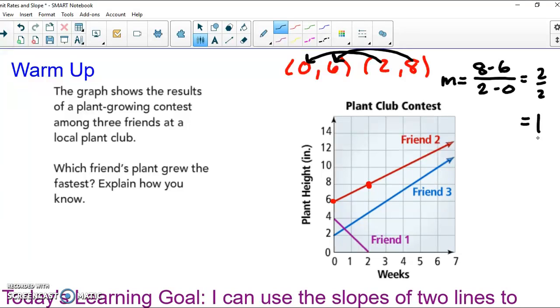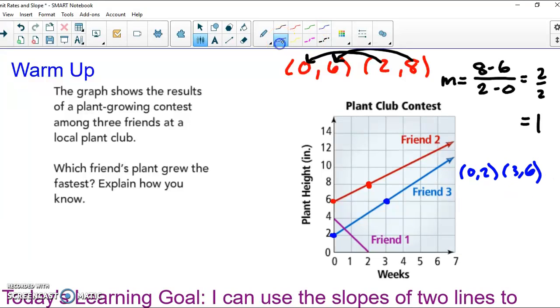Let's compare that to friend 3, and we'll do this in blue so it matches the graph. So again, I'm going to choose 2 points, and I need to pick ones that I know the exact location for, so I'm going to pick these 2. My first point is over 0, up 2. My second point is over 3, up 6.